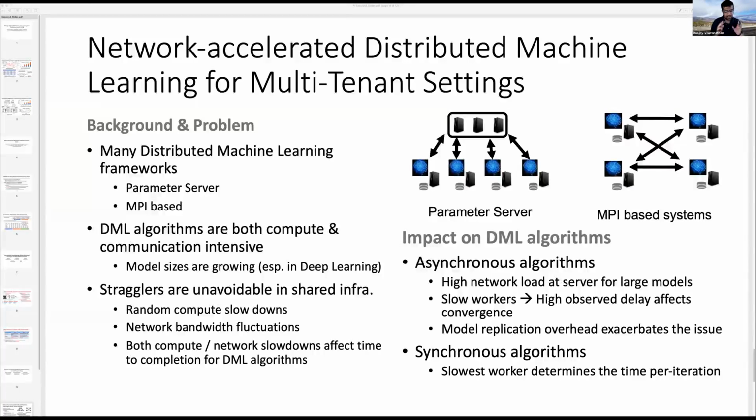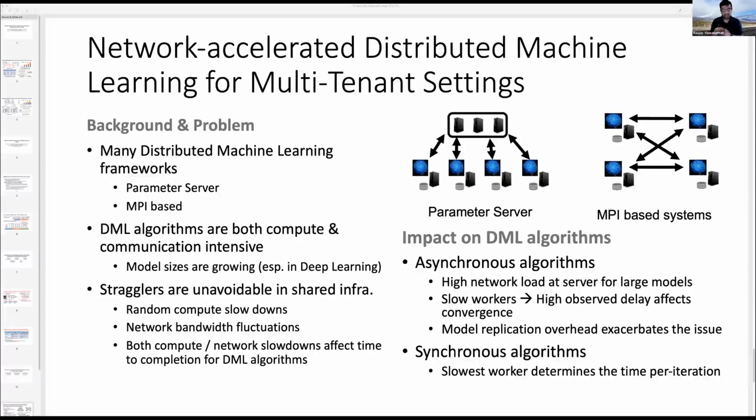But if I want to classify all the different types of distributed machine learning frameworks, I'll bucket them into two architectures. One is the parameter server architecture, where your model is stored in one or more servers, and a lot of workers read their local data shard, pull the model from the server, update it using their local view of the data, and then push the updates to the server.